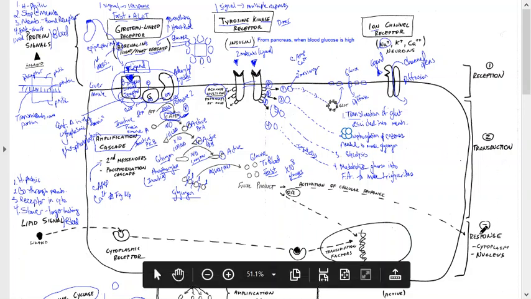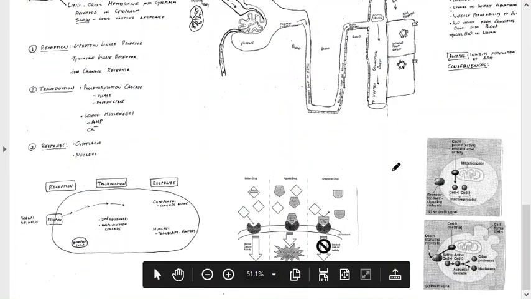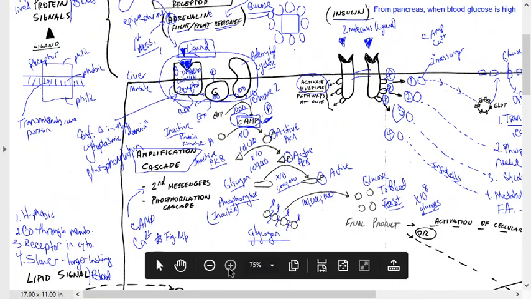And then whatever the response is, in this case, you've just liberated a bunch of glucose. Here you've metabolized fatty acids, or you've liberated more glucose, or maybe you've made glycogen, right? That's the response. Whatever the response is, you've added GLUT to the cell membrane. That's the response, right? So the last thing on this big sheet is the lipid ligand.